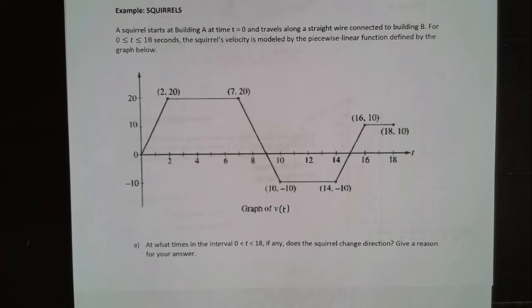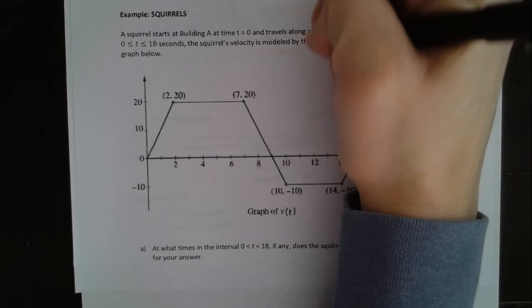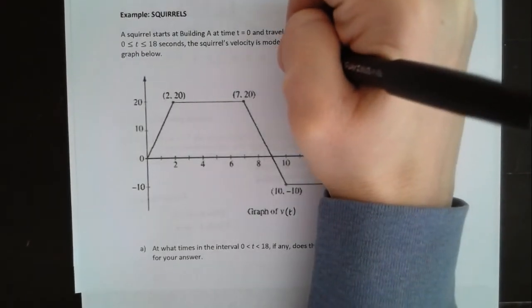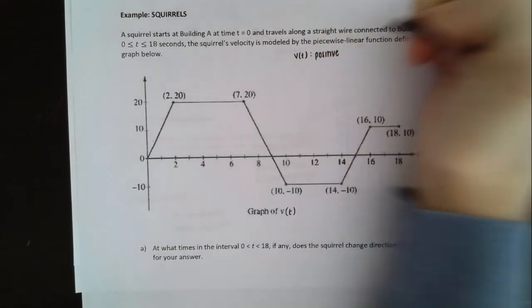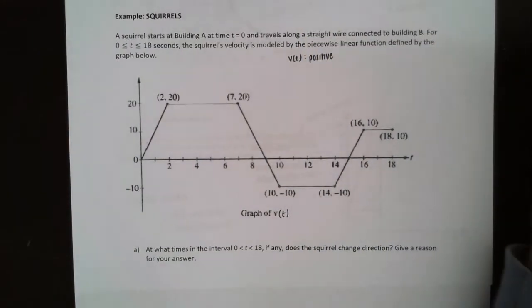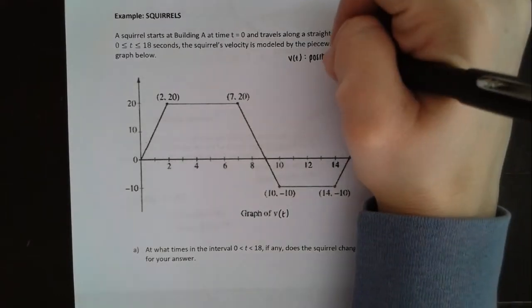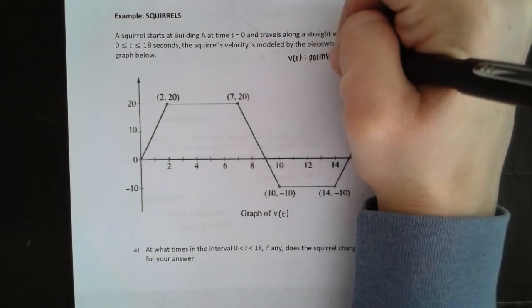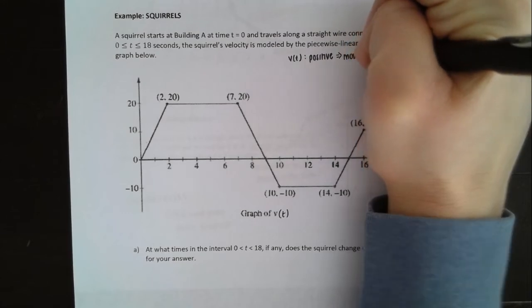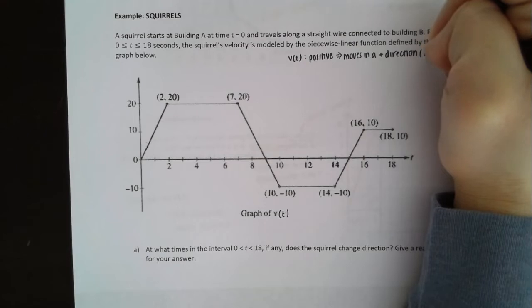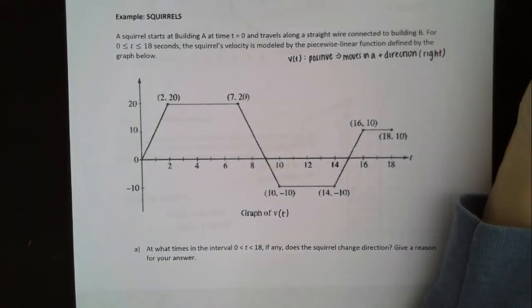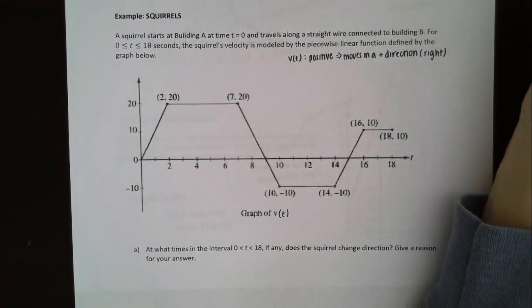Originally when we were talking about the velocity of a particle, we said that when v of t is positive, we know that the particle would be moving in a positive direction. Or in this case, we can generalize and say that would probably be to the right, that the particle or whatever our object is moving.